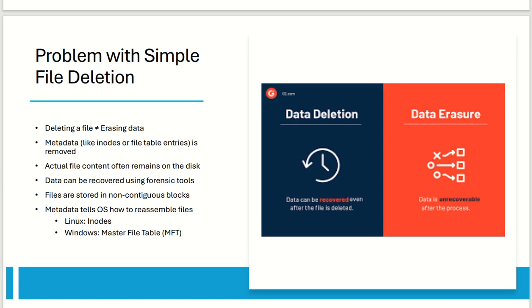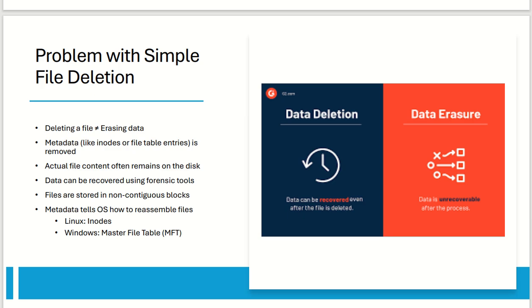When you delete data, the data can be recovered even after the file has been deleted. But when you erase data, the data is not recoverable after this process. So what happens during data deletion is that the metadata about this file is removed. The actual content of the file is still on the disk.